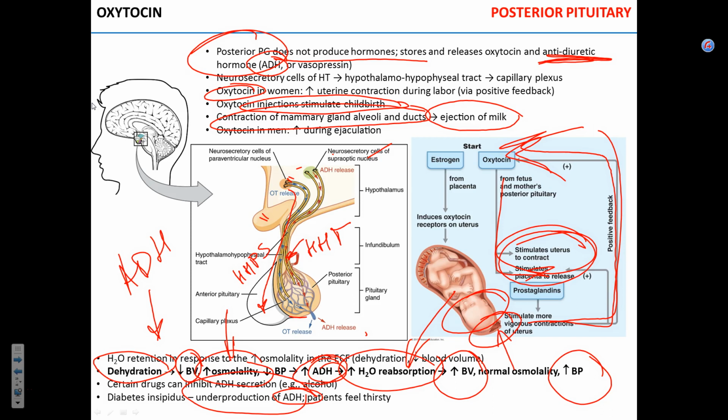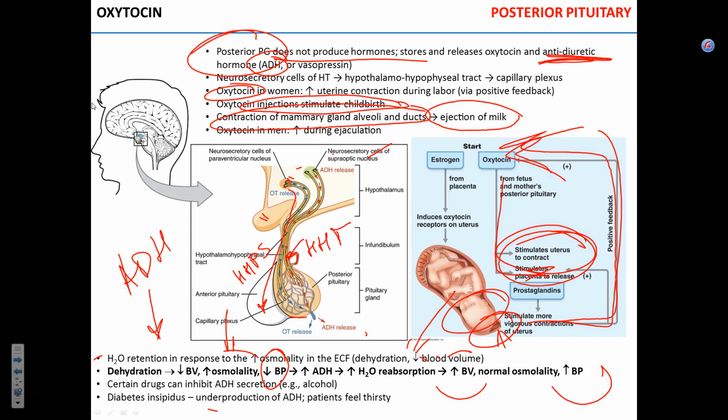Another effect of vasopressin or ADH is that it leads to constriction of blood vessels. And that makes perfect sense in light of what is the stimulus for ADH production. Look at this. One of the stimulus for ADH to be released is low blood pressure. Are you with me?